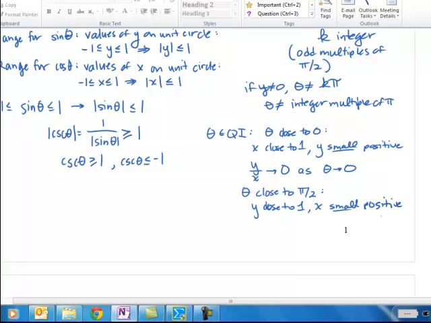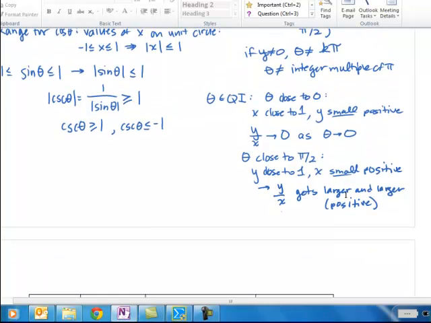So if y is close to 1 and x is small and positive, what we're going to get is that ratio will get larger and larger, but positive. Right? Because a fraction with a really small denominator is going to be actually a large value.